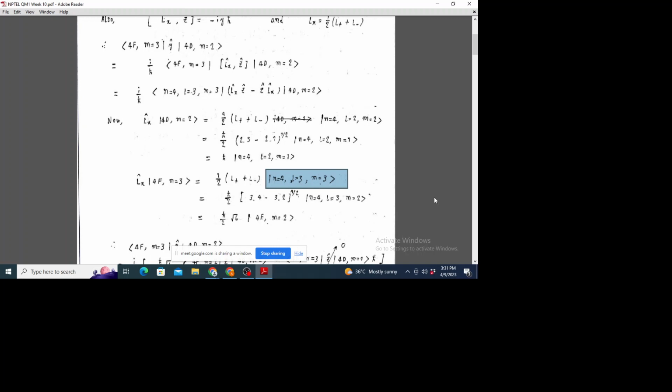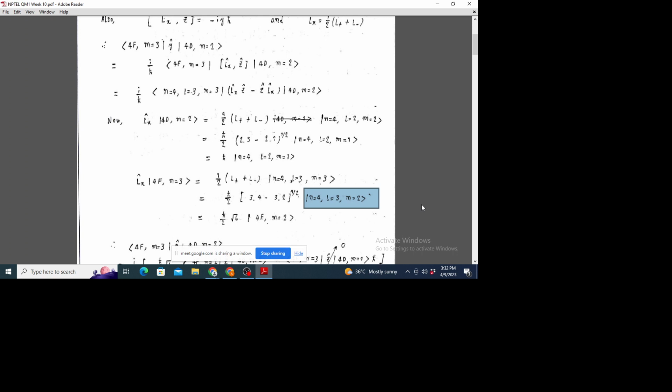Okay. So again, only L minus acting on this state will give you some non-zero result. And using that formula, so L into L plus 1 minus m into m minus 1, the non-trivial front factor will be this, to the power half, and in the ket the m value is decreased by 1 unit.